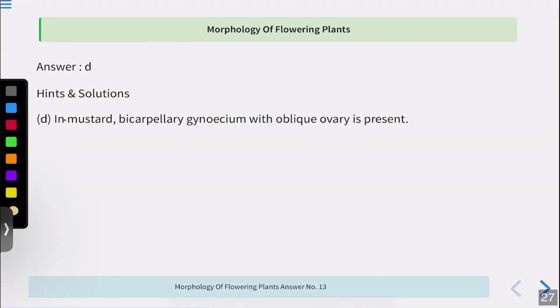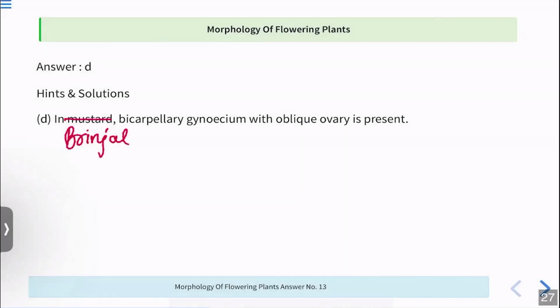So mustard will not be part of Solanaceae and will not have a bicarpellary gynoecium with oblique ovary. It should be changed to brinjal, because that is the correct answer.